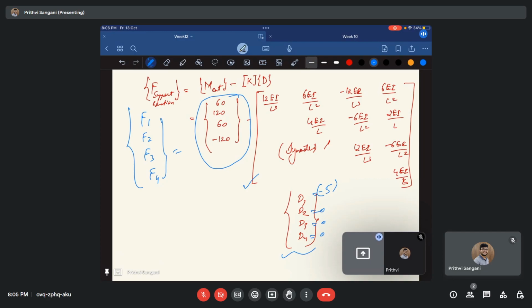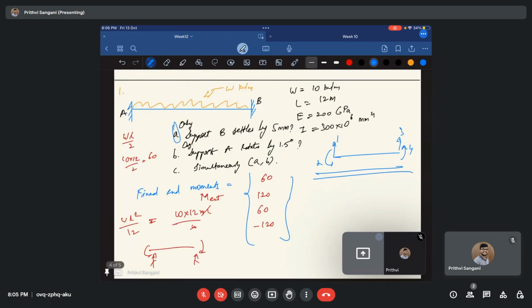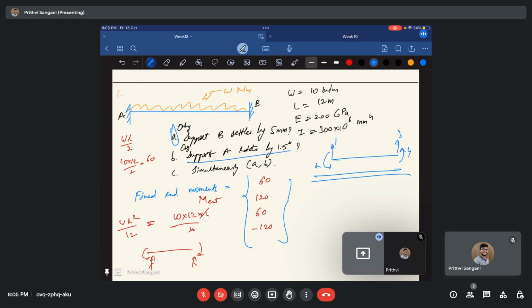And what about question B? In question B, the support A rotates by 1.5 degrees. Here I want to emphasize the use of different types of units. Degrees are actually not the units we develop everything in; we use radians.